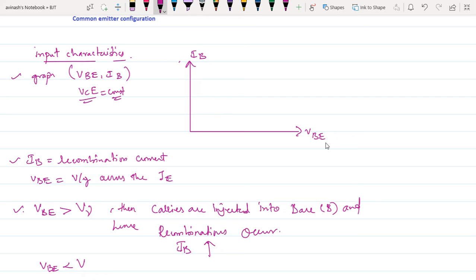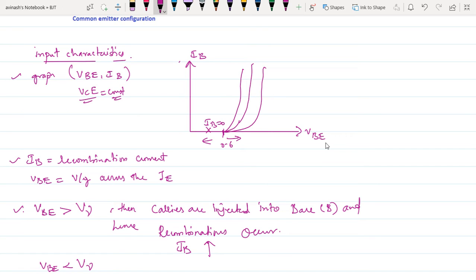What happens if VBE is not up to the cut-in voltage? For example, this is the cut-in voltage 0.6. Before that, if the input voltage is less than 0.6, current IB will be 0. The moment the input voltage exceeds 0.6, that is the cut-in voltage, current starts increasing rapidly. This is just like the diode forward characteristics.